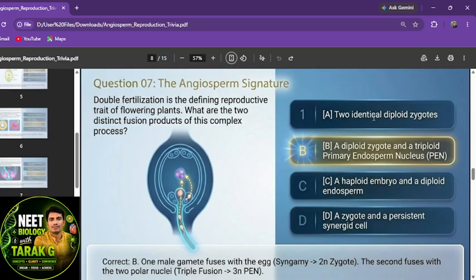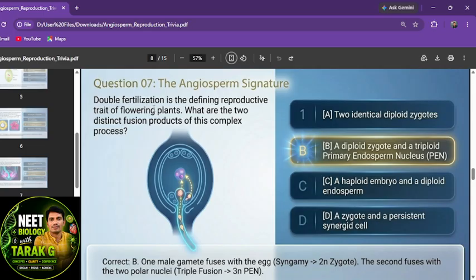Here, option A is two identical diploid zygotes, option B is a diploid zygote and a triploid primary endosperm nucleus, which is the PEN. C is a haploid embryo and a diploid endosperm. D is a zygote and persistent synergid cells.